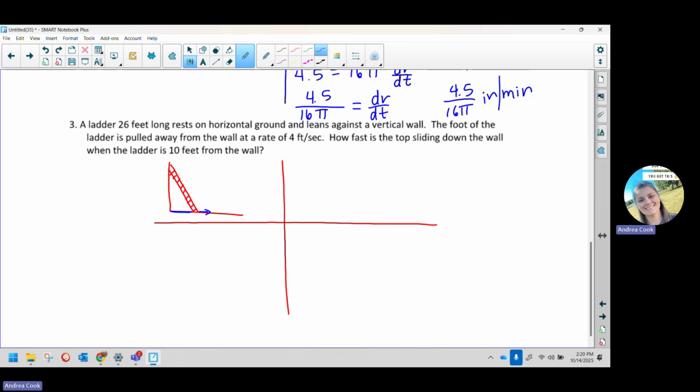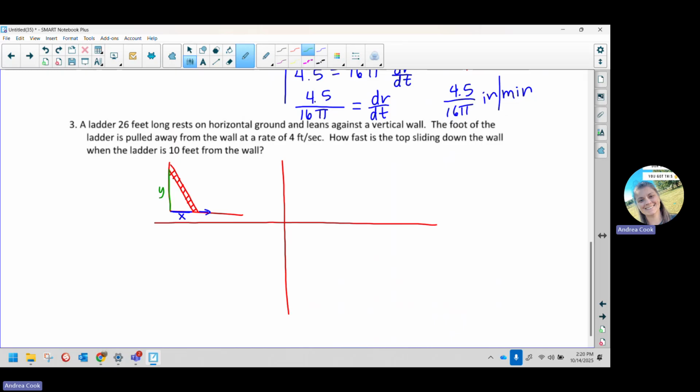It is increasing, so I need to label it with a variable. It's okay if you draw your ladder the other way. That green line, if you are pulling the ladder, the top of the ladder is going to slide down the wall, so that green line is also going to change. So we need to label it with a variable, and I'm going to call it y.